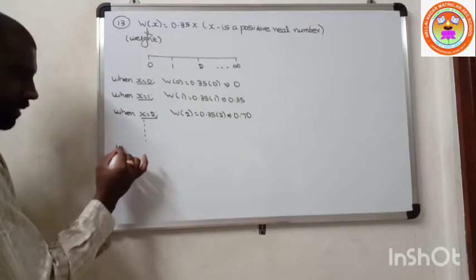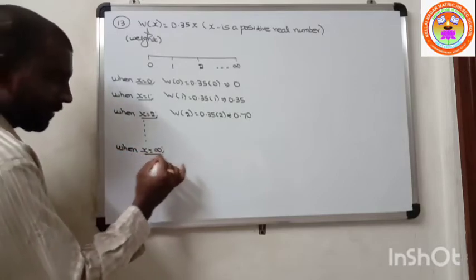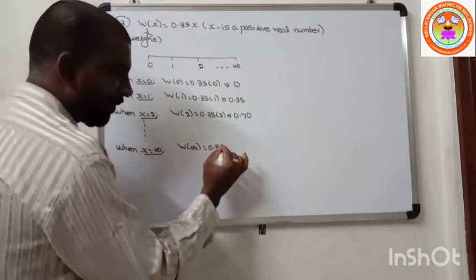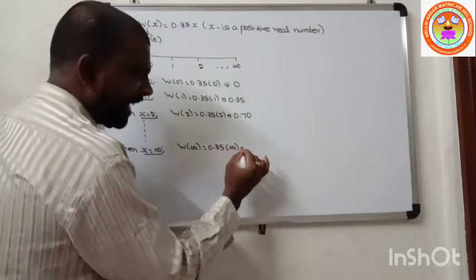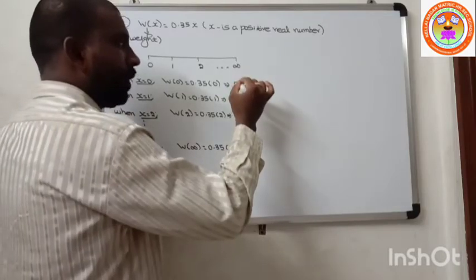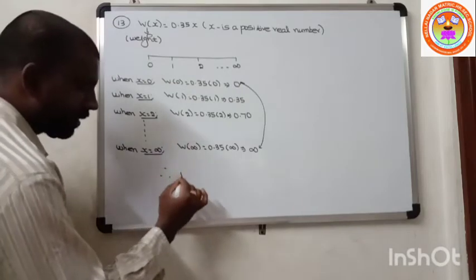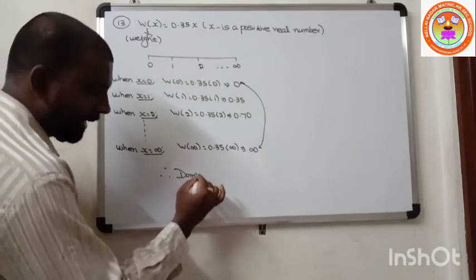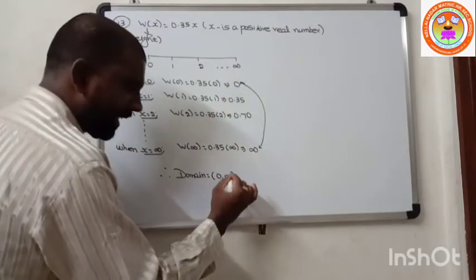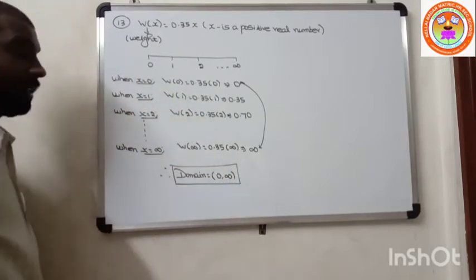Up to when x equal to infinity, W of infinity is 0.35 into infinity. Infinity into any term is infinity. So the largest value is infinity, the lowest value is 0. Find the domain. Therefore, domain equal to least value 0, largest value infinity. Domain equal to 0, infinity.